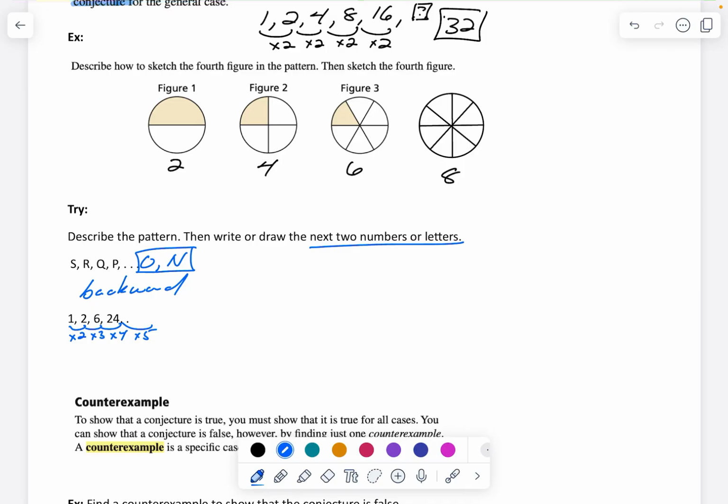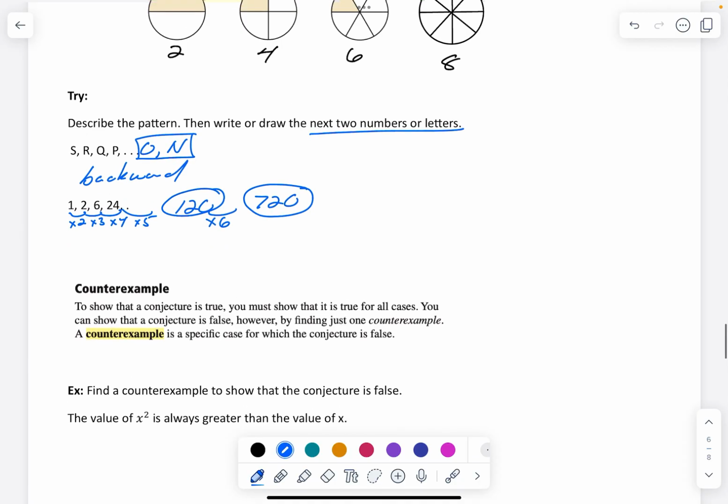I think it's 120, but I just want to make sure. So 5 times 24. Yep, 120. Oh, that's the next number. And then times 6 would be 720. So the next 2 answers would be 120 and 720.